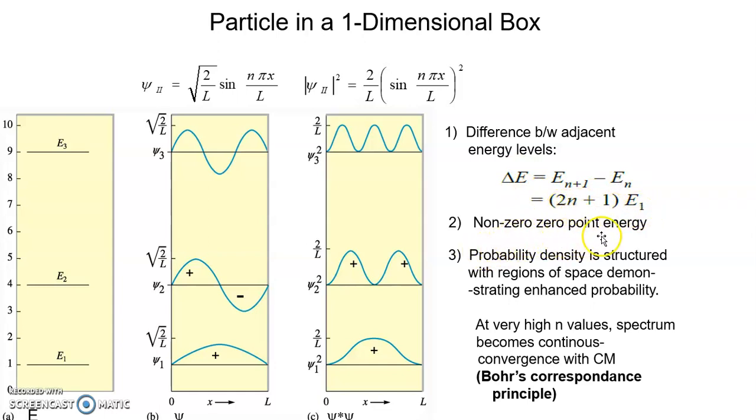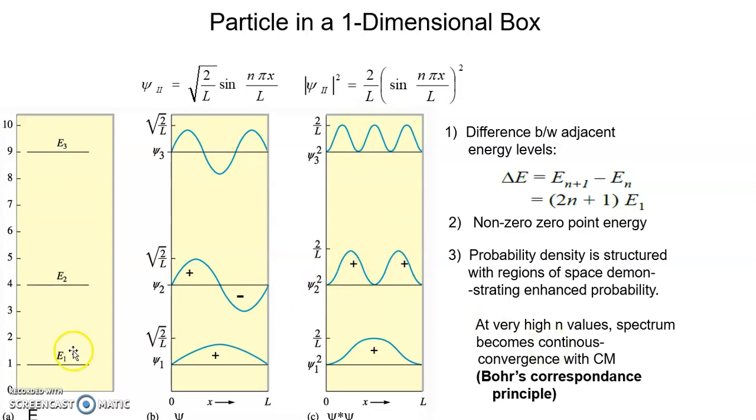Second, non-zero zero point energy. And the probability density shows a structure, with regions of space demonstrating enhanced probability. At very high values of n, the spectrum becomes continuous and converges with the classical result, which is Bohr's correspondence principle.